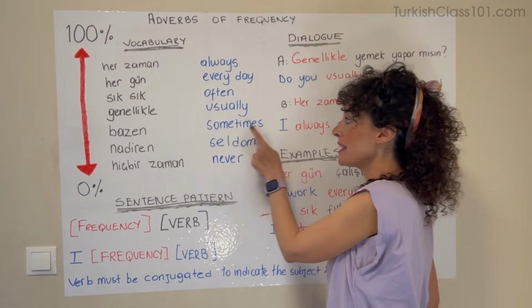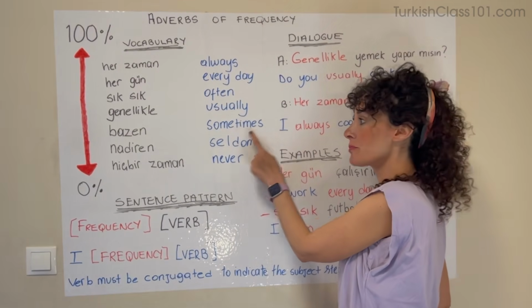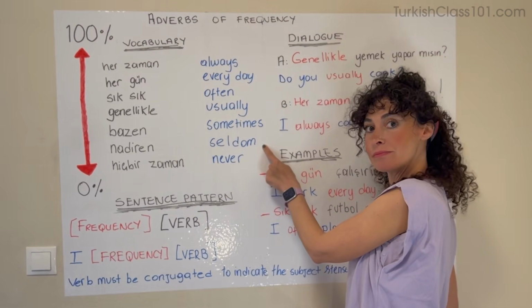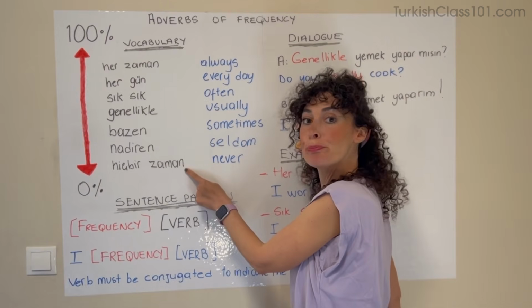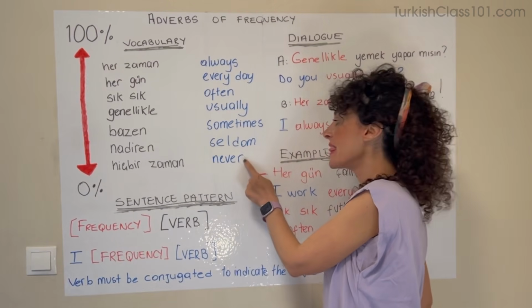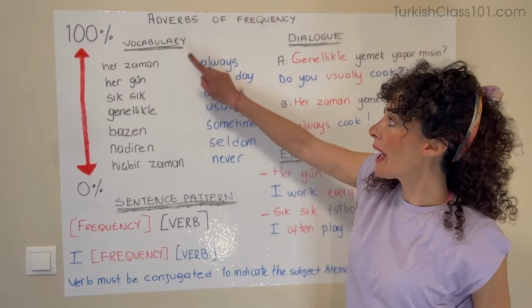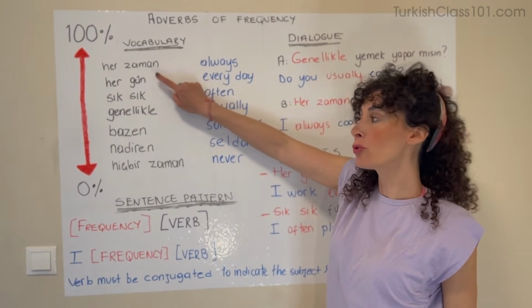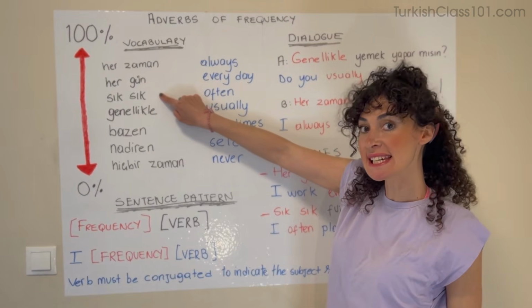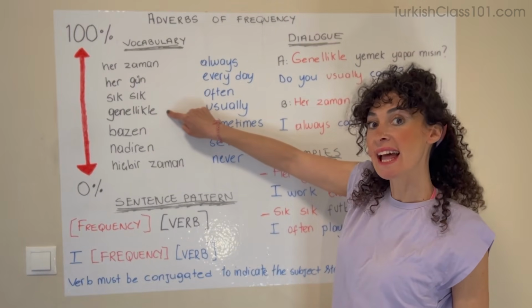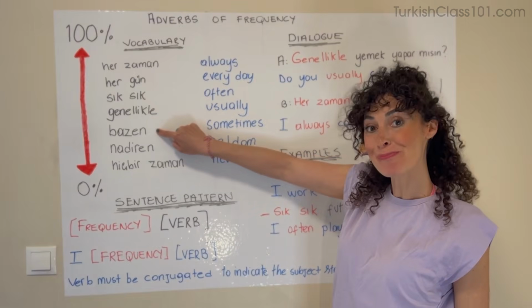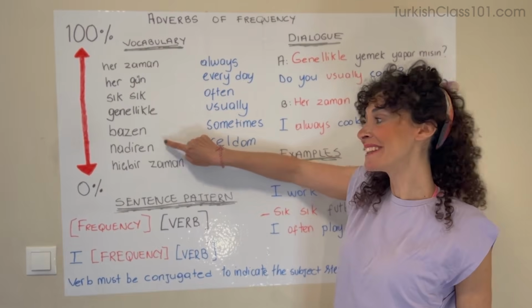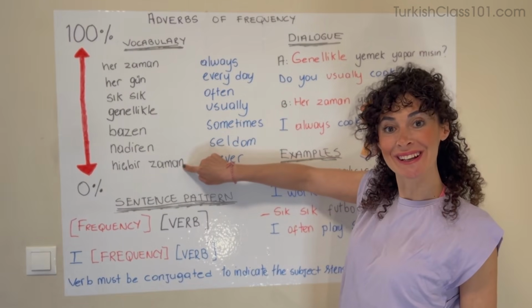Bazen, sometimes. Nadiren, seldom. Hiçbir zaman, never. Her zaman, her gün, sık sık, genellikle, bazen, nadiren, hiçbir zaman.